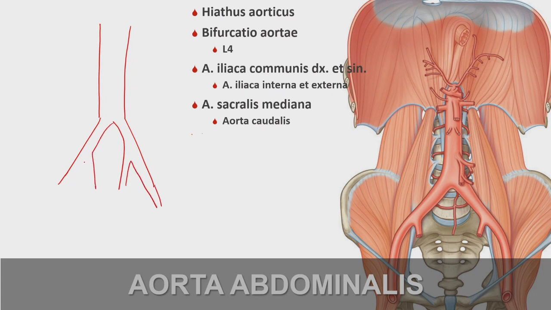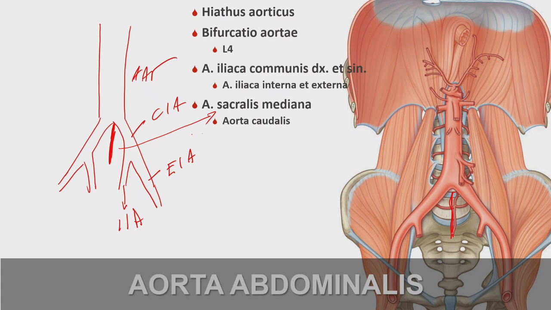We have some basic structure of abdominal aorta. This is abdominal aorta, this is a common iliac artery, this is external iliac artery, and this is internal iliac artery. This is the main branching. And then we have also one tiny artery called arteria sacralis mediana. This is this artery here.